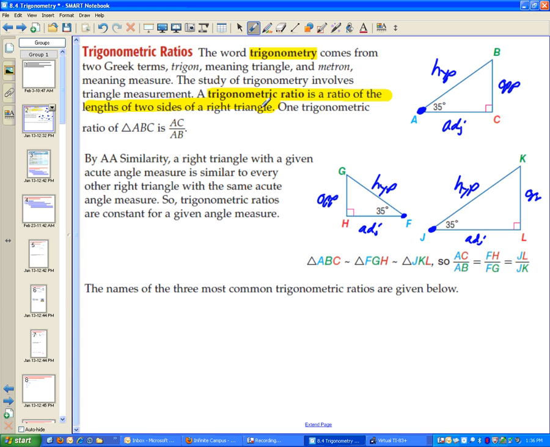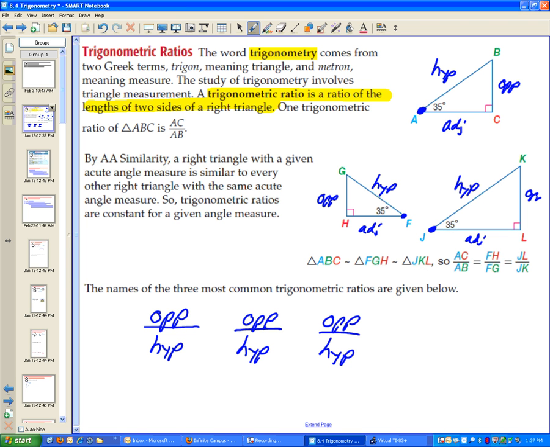So look, if I take the top one up here, well, any of them actually, if I make a ratio out of the opposite leg to the hypotenuse, and then I move to a different triangle, and I make a ratio out of the opposite leg to the hypotenuse, then I move to the third triangle and make that same ratio.